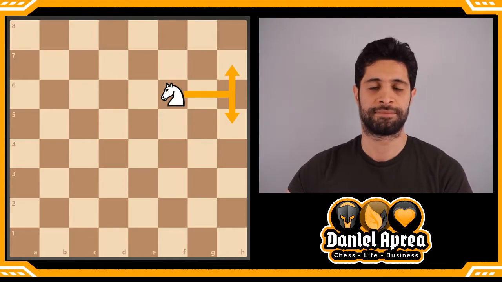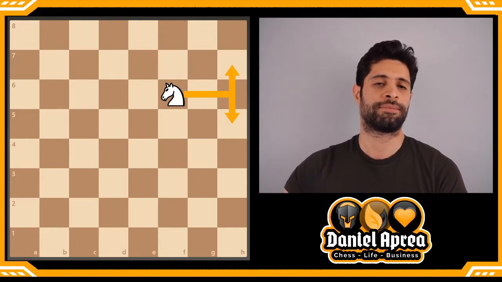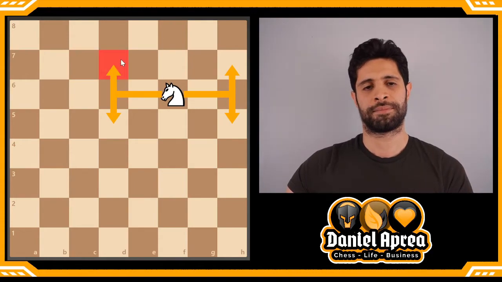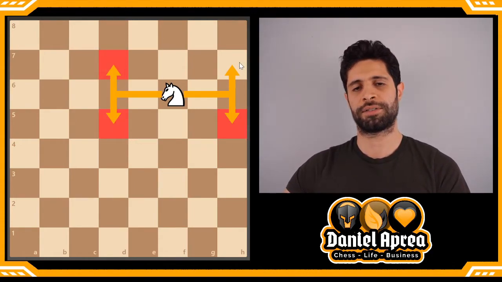So I can move to the left, to D5 and D7. And what's the color of these two squares?